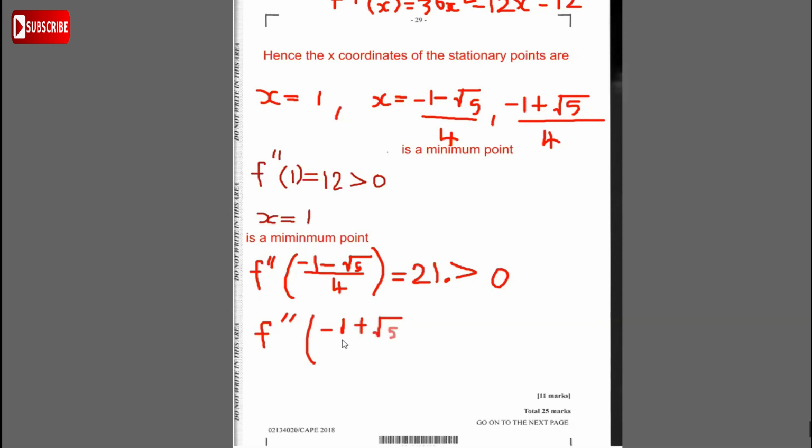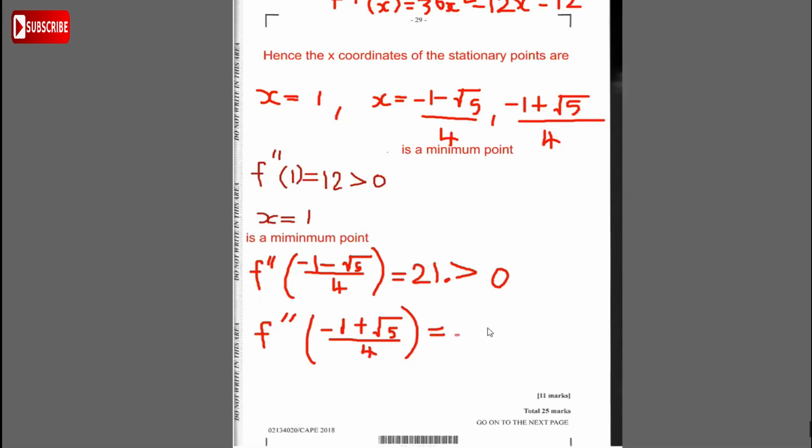Working this out, minus 1 plus root 5 divided by 4 is 0.3. 36 times that squared minus 12 times that minus 12, that's negative 12.